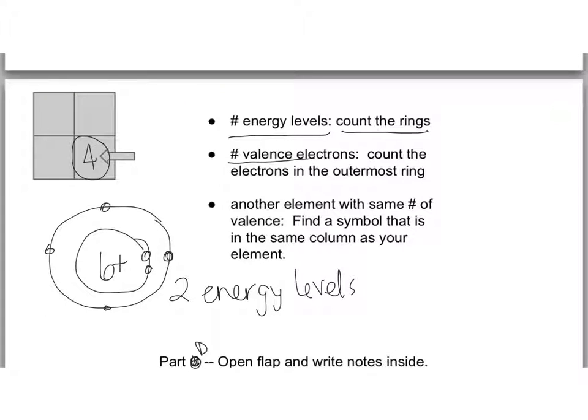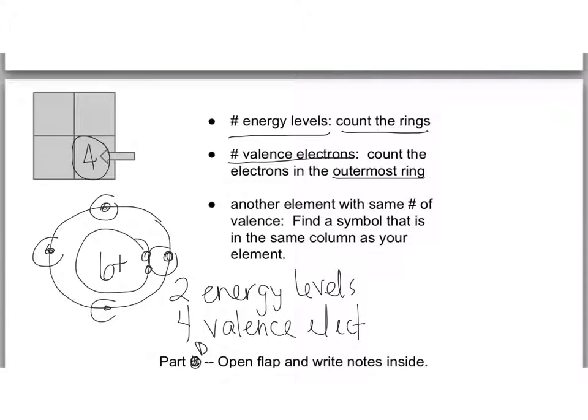The valence electrons, those are the ones in the outermost ring because they're the ones that are important when it comes to bonding. And so we would just go to our outer ring, and we see that we've got the 1, 2, 3, 4. So we would say that this atom has 4 valence electrons.